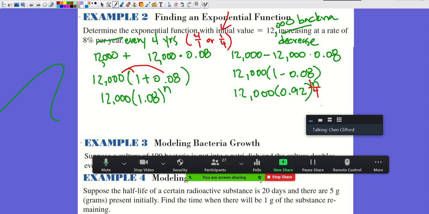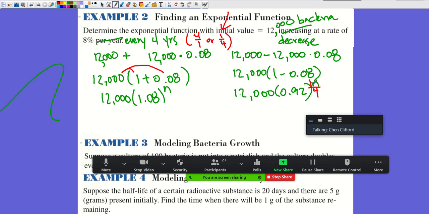That makes sense because when you plug in, you need to plug in n equals 4, not n equals 1, 2, 3. You need to plug in n equals 4 for this to fully decrease by 8%. So 4 divided by 4 is 1. Let me phrase it this way.